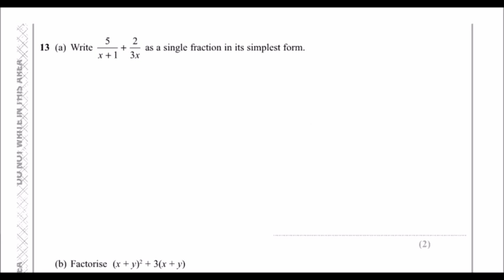Question 13. Write 5 over x plus 1 plus 2 over 3x as a single fraction in its simplest form. To add fractions, we need to make the denominators the same. So for my 5 over x plus 1, I'm going to multiply top and bottom by 3x.